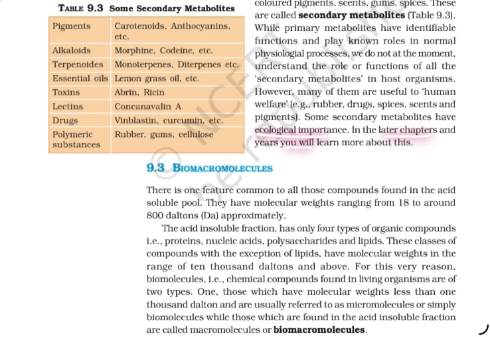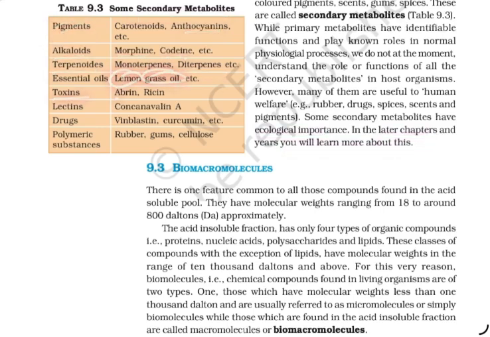In later years you will learn more about this. Some secondary metabolites: pigments such as carotenoids and anthocyanins; alkaloids such as morphine and codeine; terpenoids such as monoterpenes and diterpenes; essential oils such as lemon grass oil.